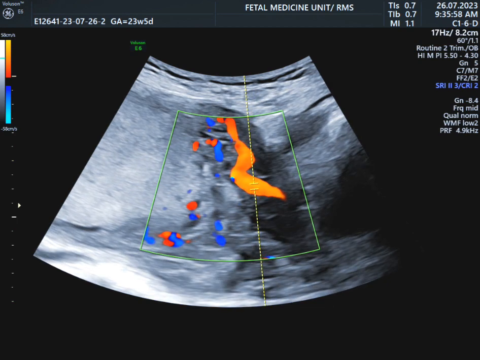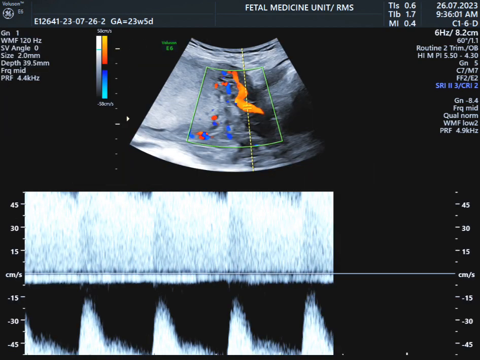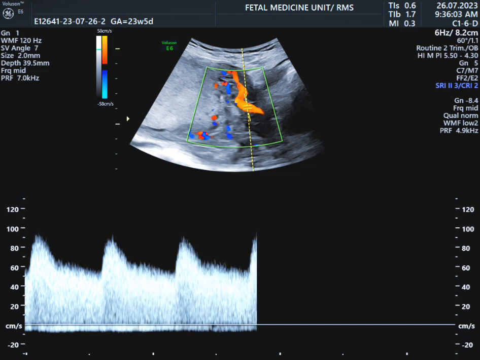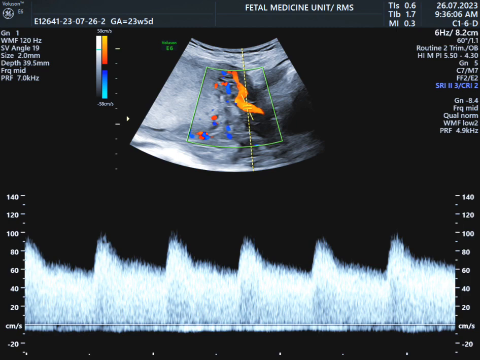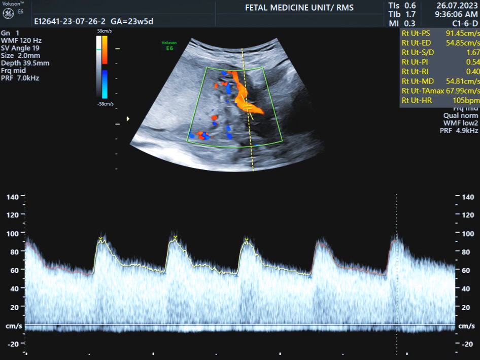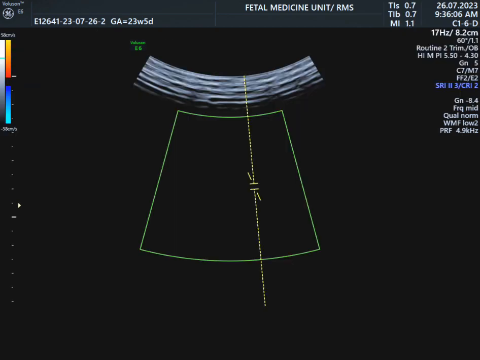Perpendicular from its origin and correct the angle, less than 30. Then automated measurement to get the PI, which is 0.5.